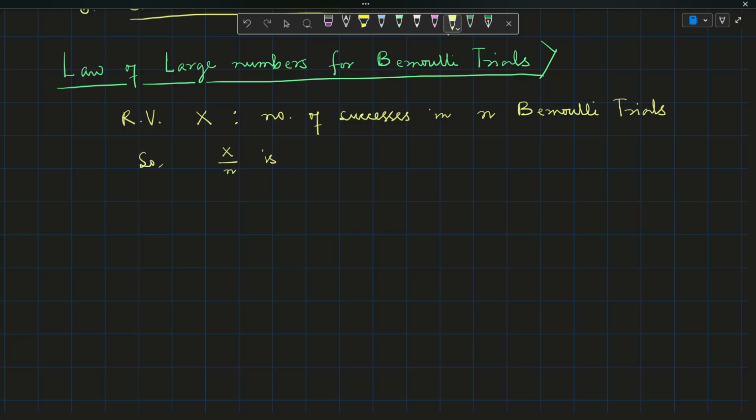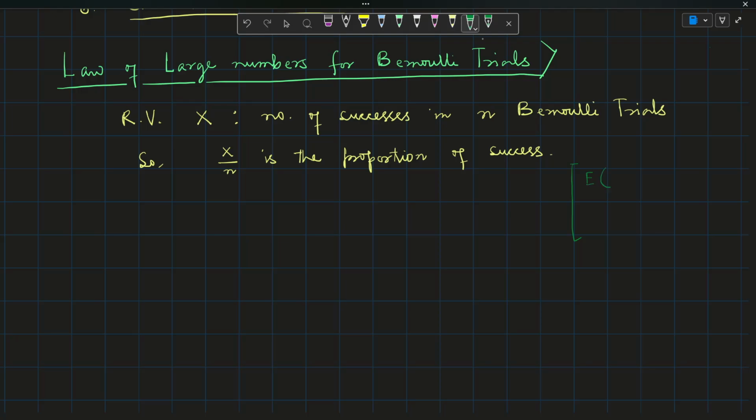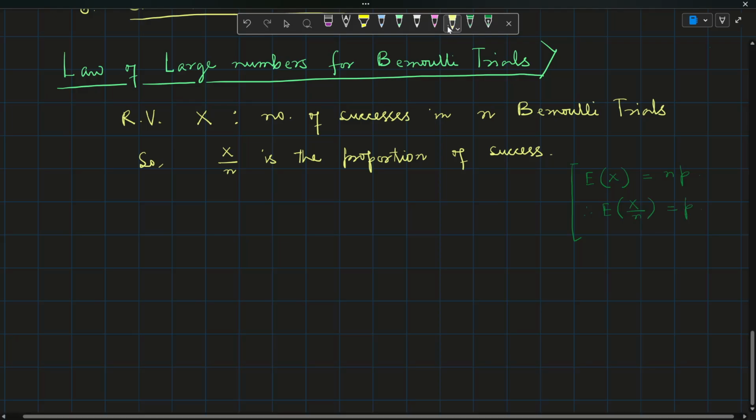The value x by n is the proportion of success. Now see this, the expectation of x is np. We have seen it earlier, and from the properties of expectation, expectation of x by n is equal to p.